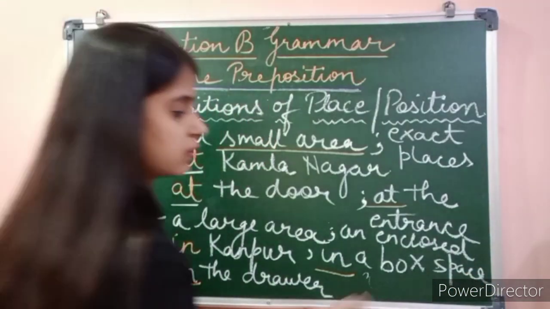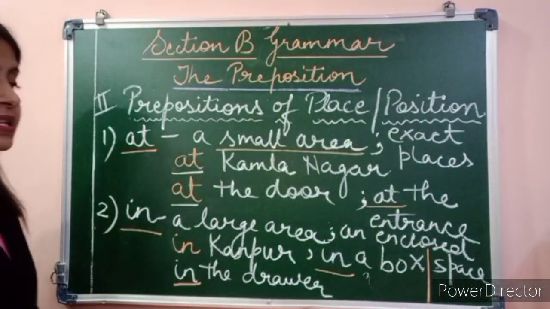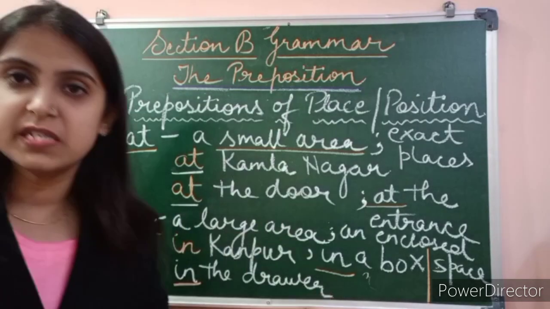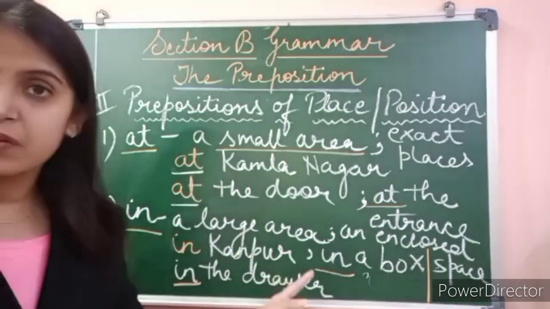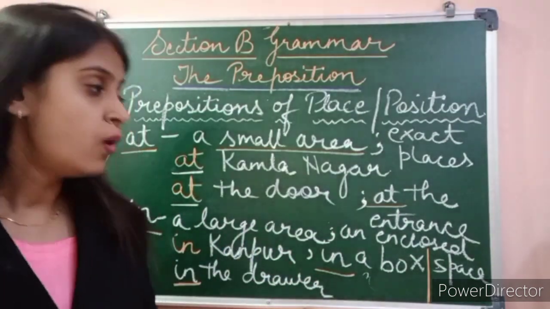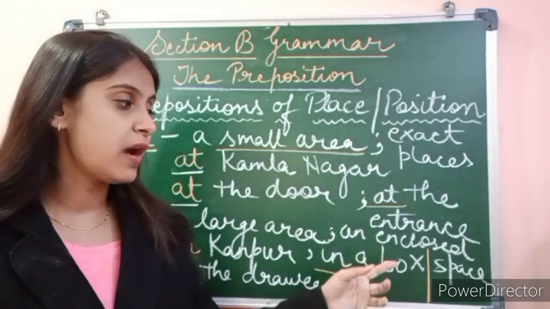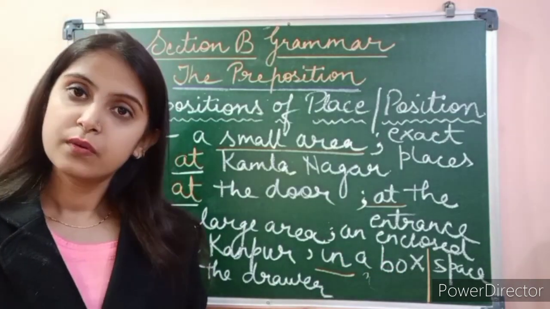I hope you are clear with it. When something is in an enclosed space, then also we use in. Okay, I live in India, right? India is a large area, so I live in India. When something is in an enclosed space, then also we use in, right?